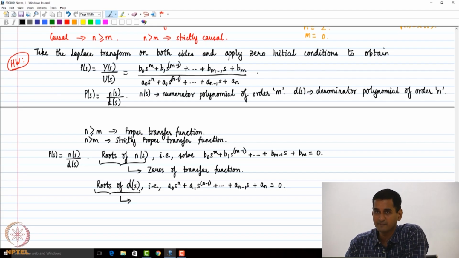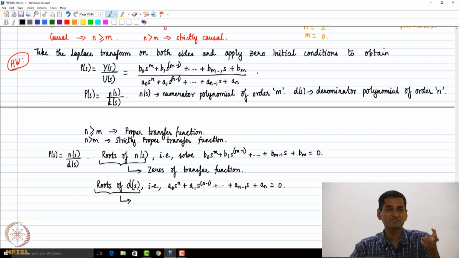Wherever the denominator polynomial is 0, you can immediately see that the transfer function becomes singular. The transfer function is a complex valued function in the variable s. s is a complex variable, something which all of us know.